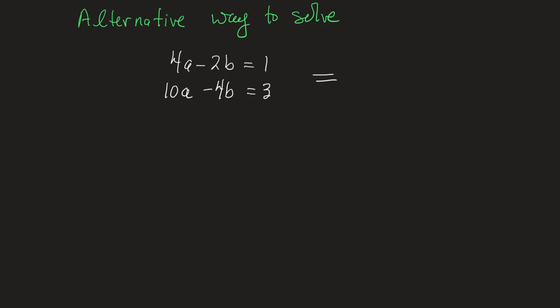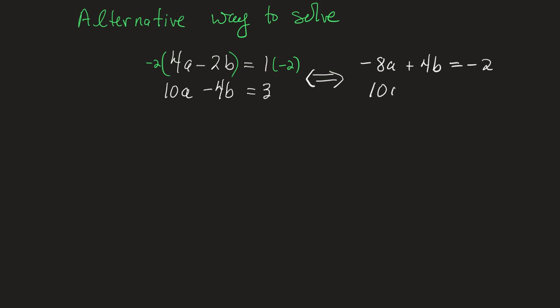So what I'm going to do is multiply the top equation by minus 2. And then solving this system for a and b is the same as solving this system for a and b. So minus 8a plus 4b is minus 2.